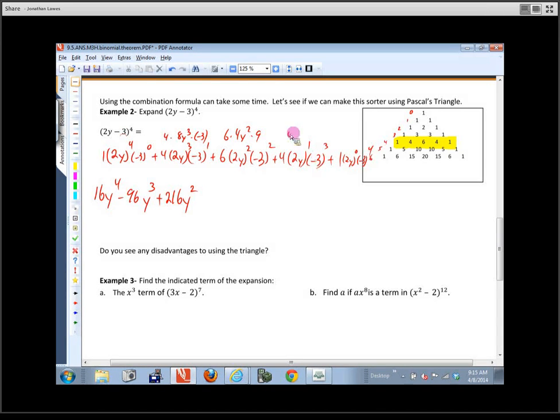Next one, I've got the 4, I've got the 2y, and I've got a negative 27. So I've got an 8 times a negative 27. An 8 times a negative 27. 216, and it is negative.